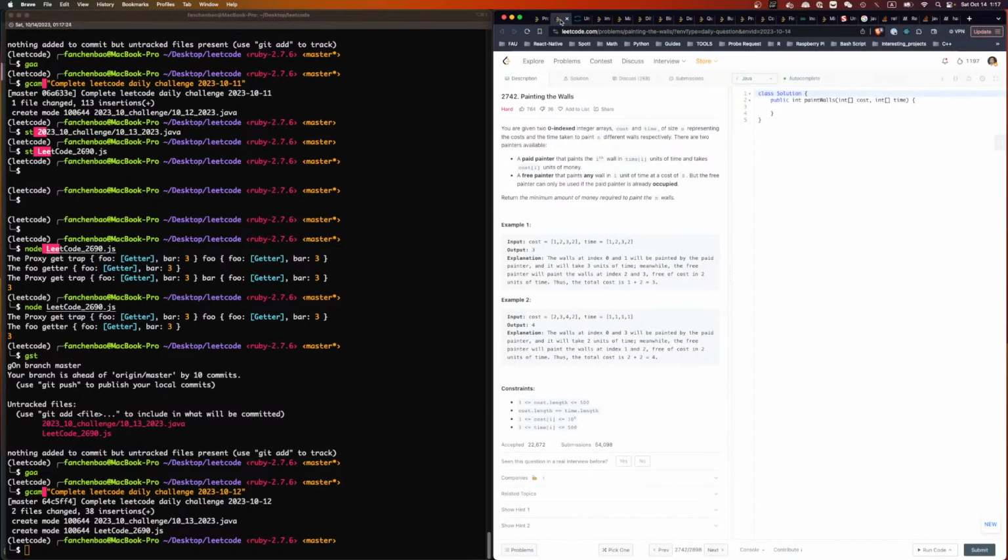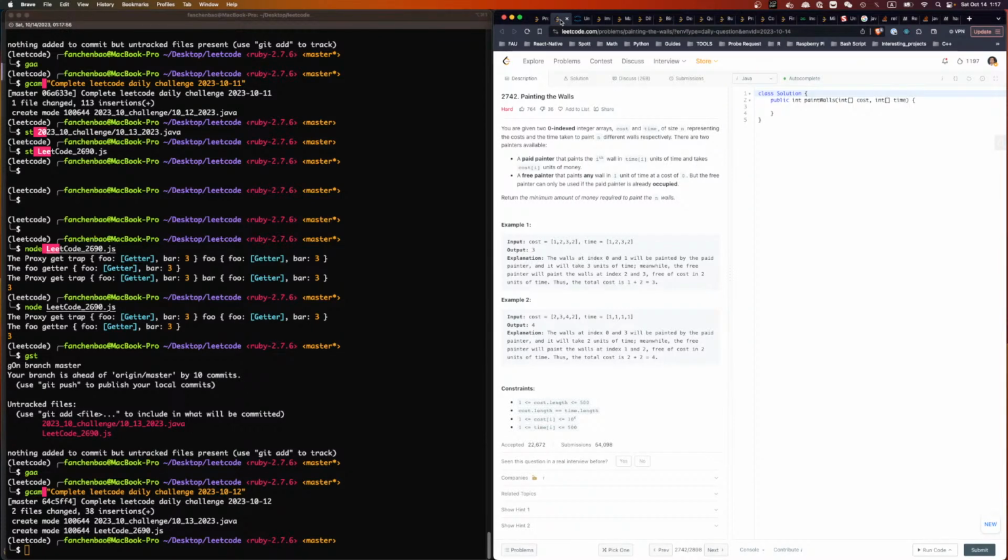Let's take a look. You're given two zero-indexed integer arrays, cost and time, of size n, representing the costs and the time taken to paint different walls, respectively. There are two painters available. A paid painter that paints the ith wall in time[i] units of time and takes cost[i] units of money.